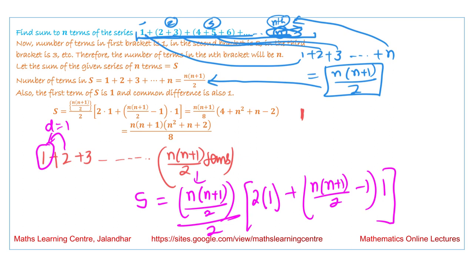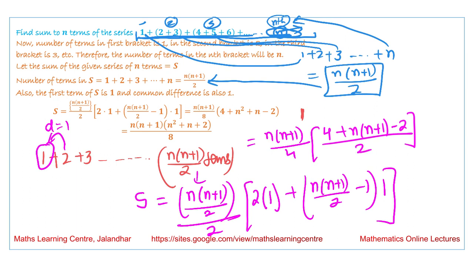If you solve this, you will obtain n into n plus 1 by 4 into, if we take the LCM over here, 4 plus n into n plus 1 minus 2, divided by 2.